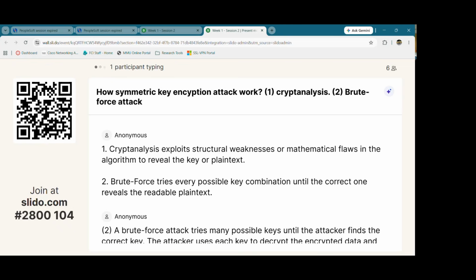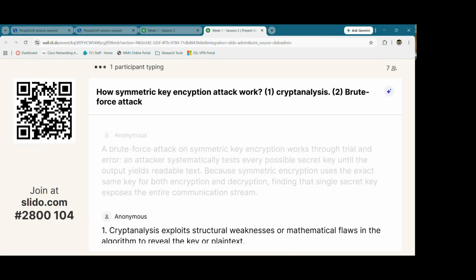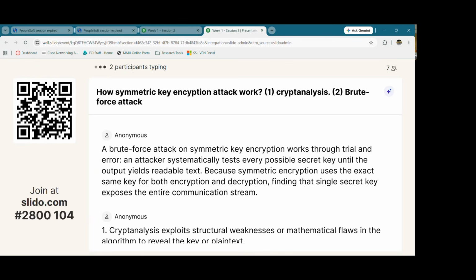Because quantum computers are very fast and powerful, so they can try to brute force the password or the key in more manageable time. So that's why they come up with post quantum cryptography.